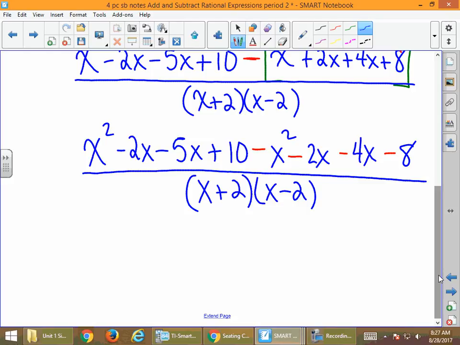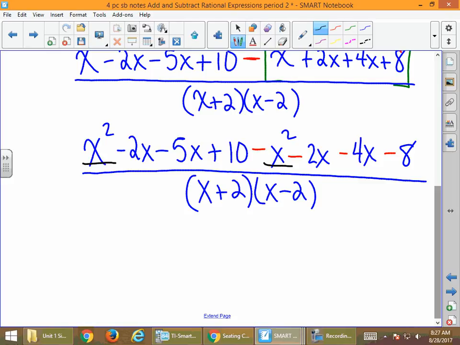Getting closer to finishing now. We've done the hard part, but it's distributing that negative, that red negative, that causes an issue, if anything causes an issue. But we have x squared, and we have minus x squared, so those cancel out.